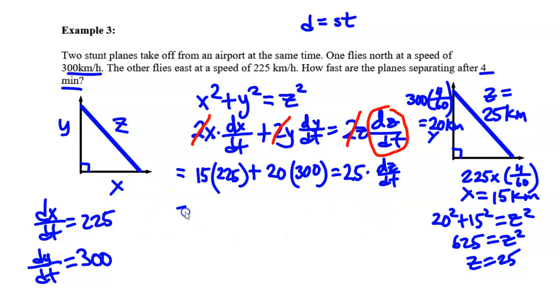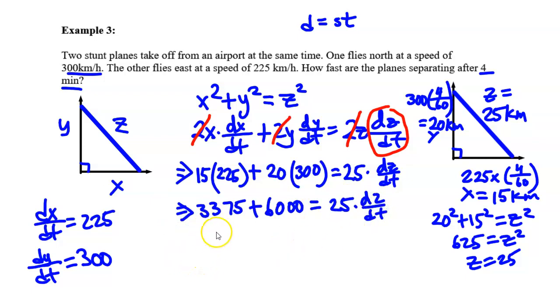Okay, and so basically what we have here is a fairly large number. 15 times 225 is 3375. 20 times 300 is 6,000, equals 25 dz dt.